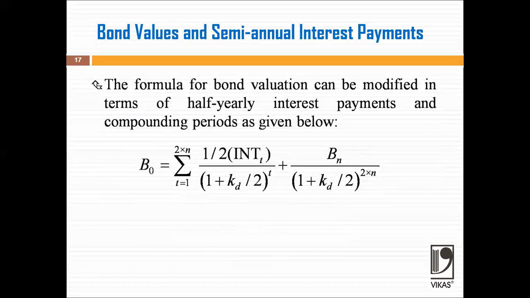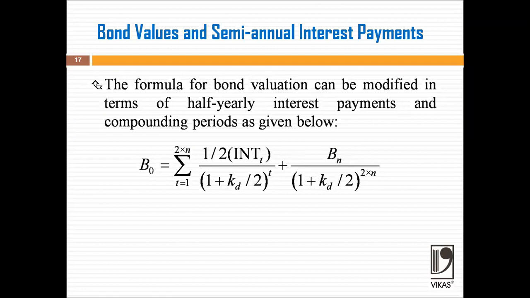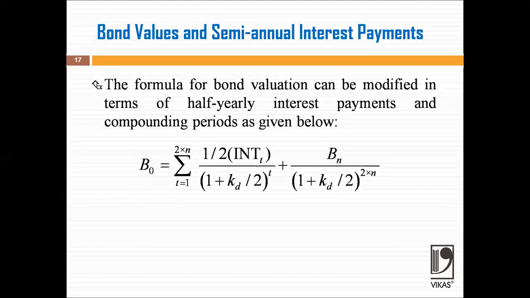Now we will look into bond values and semi-annual interest payment. The earlier example was a bond which pays interest annually. This kind of bond is multiple period, so in a year it pays interest multiple times. The formula for bond valuation can be modified for half yearly interest payment and compounding as given below.